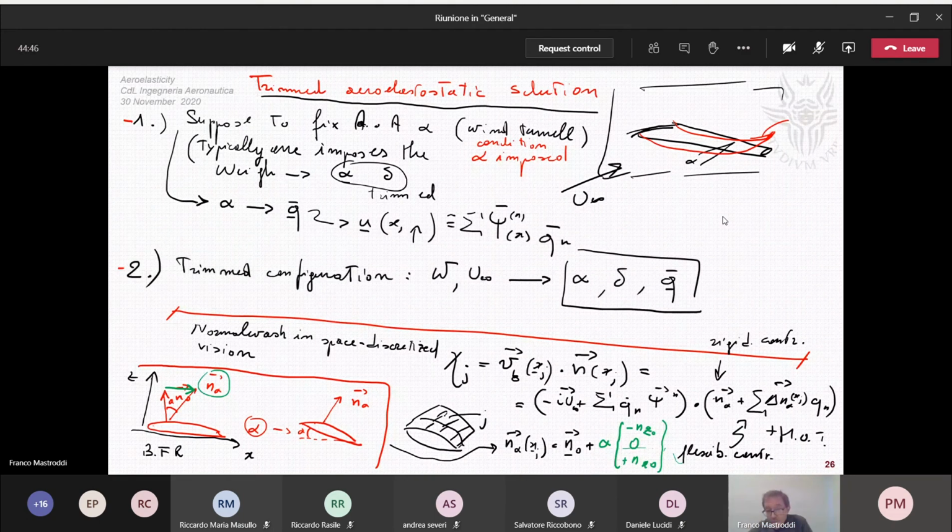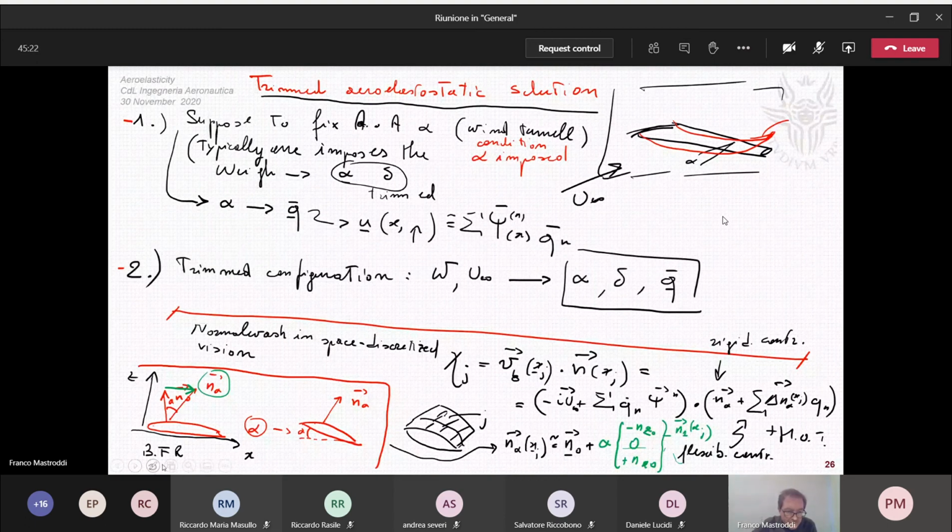So here we have an almost equal, and so the rotated normal is equal to the non-rotated one plus alpha times a fixed vector, and this fixed vector, the green vector, can be expressed as a vector equal to n1, function of xj. So at the end of the story, we have the following.